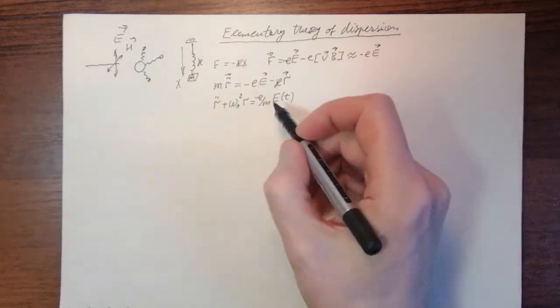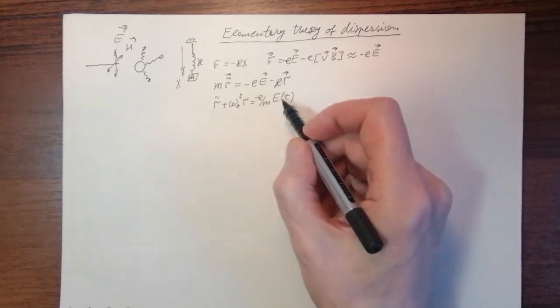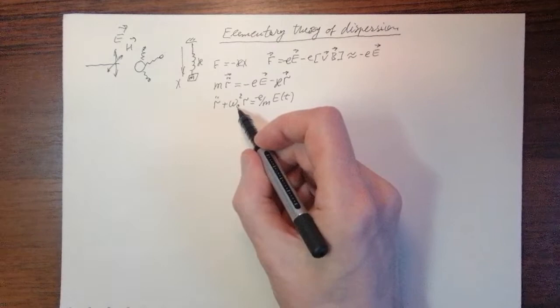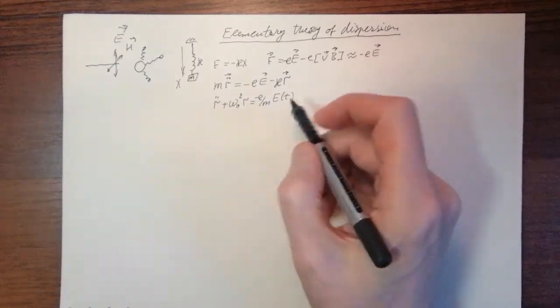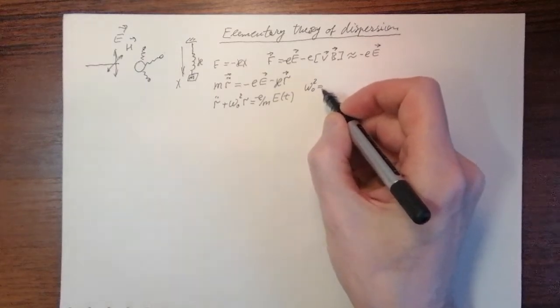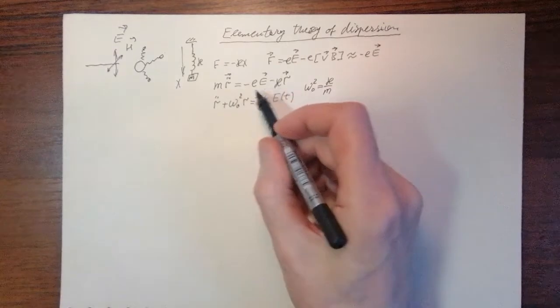This E is the field produced by the electromagnetic wave. What is omega 0 squared? Omega 0 squared is kappa divided by m, if we divide by m.